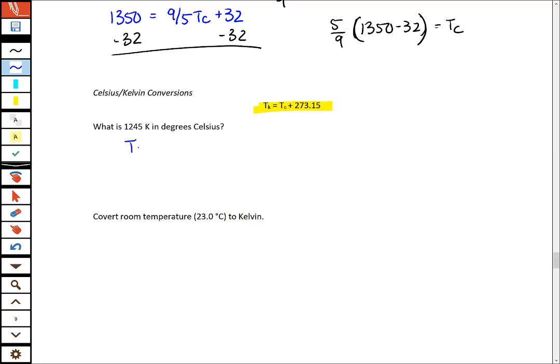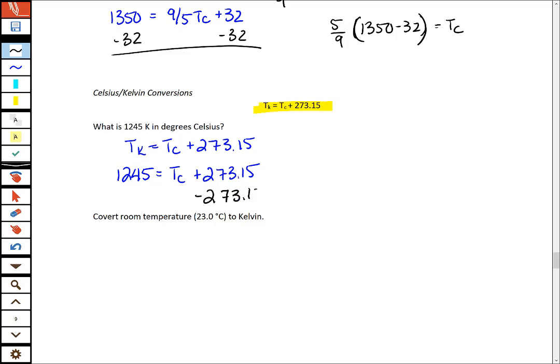We have our temperature in Kelvin. We want the temperature to be in Celsius. And so we're going to plug in our temperature in Kelvin that we're given. We're trying to get our temperature into Celsius. And so what do we need to do to get TC alone?